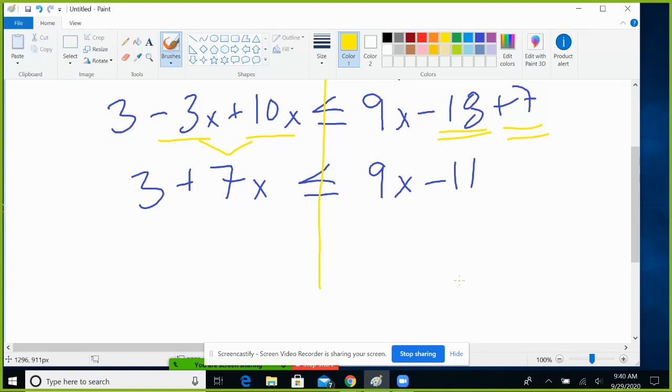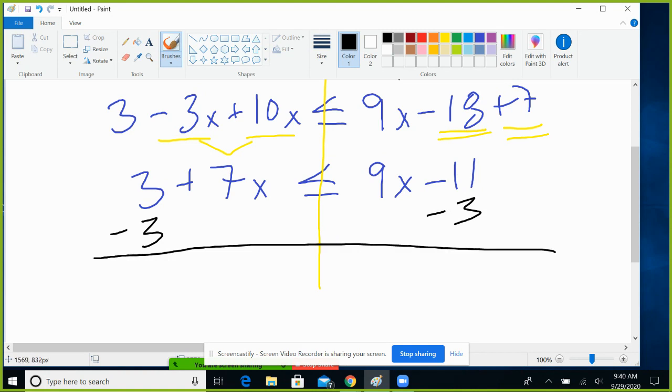Nice work. So let's subtract 3 from both sides. Minus 3, minus 3. I'm left with 7x is less than or equal to 9x minus 14.